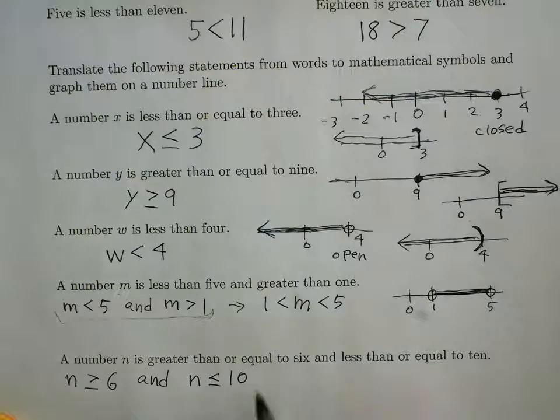So we can write this in a more compact way. If n is greater than or equal to 6, it also means that 6 is less than or equal to n. So we can write 6 is less than or equal to n, and n is less than or equal to 10.